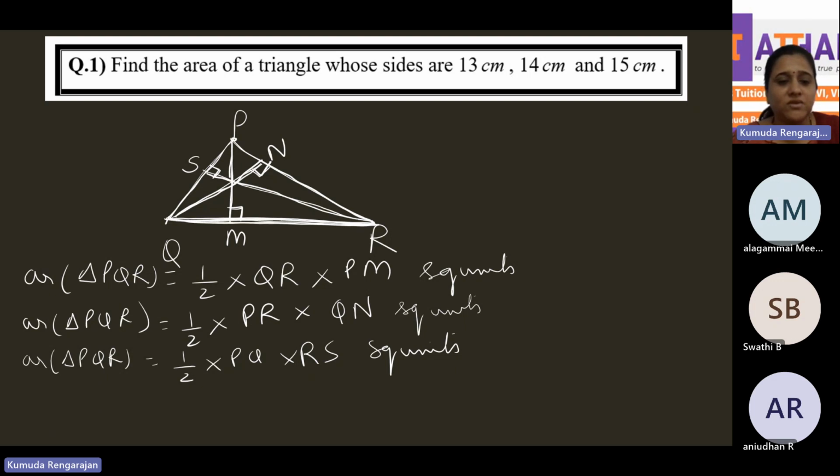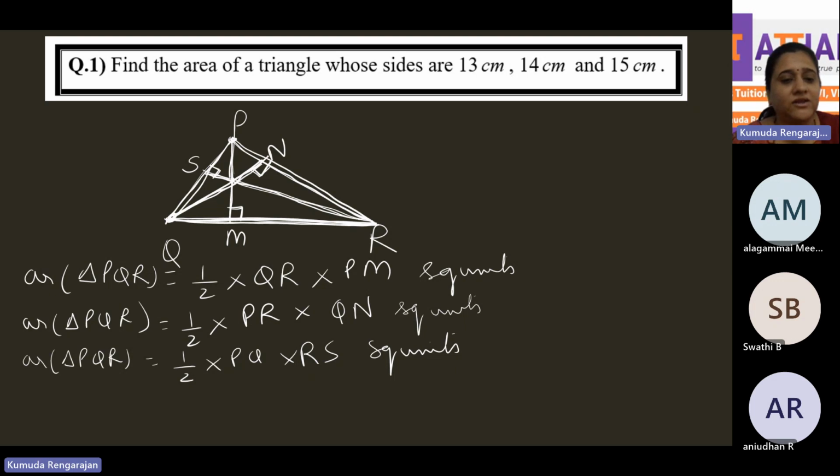QR is the base, so the altitude falls from the opposite vertex, PM. Then for the side PR, the altitude falls from the opposite vertex Q, which is QN. And for the side PQ, from the opposite vertex R, the altitude will start, RS.